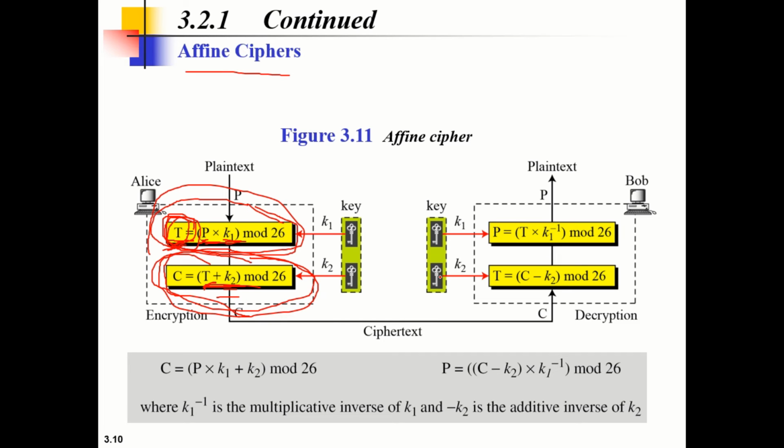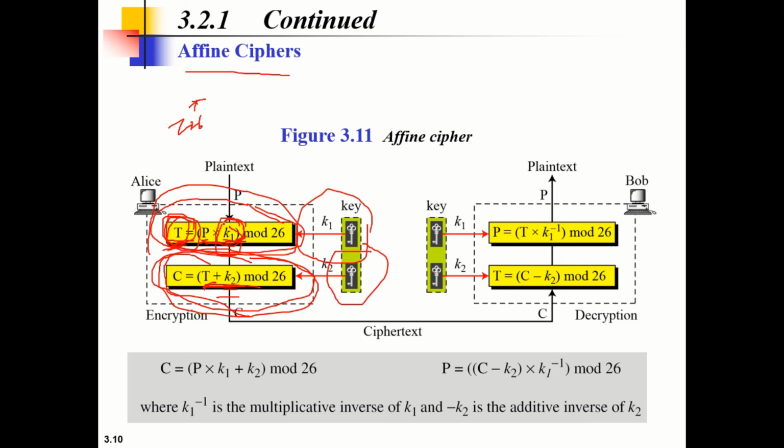One more thing, here we will be using two keys, K1 and K2. K1 is used by the multiplicative cipher, so this key has to be from Z26 star, because this is the multiplicative cipher, and this key has to have a multiplicative inverse.